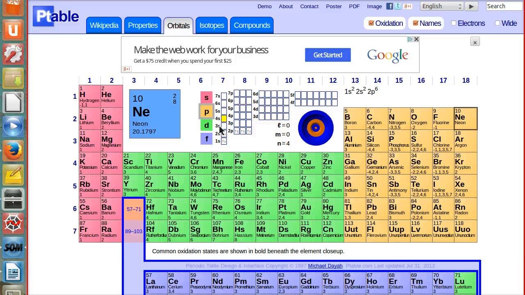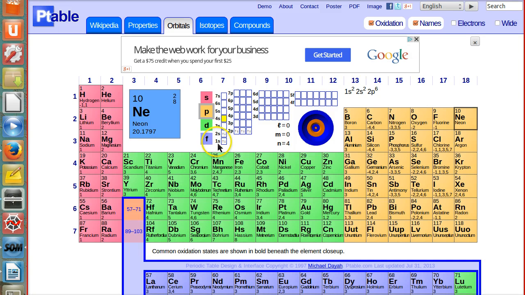What I want to focus on now is the subdivisions of the principal energy levels. It turns out the principal energy levels, 1, 2, 3, 4, 5, 6, 7, are subdivided into what we call sublevels, S, P, D, and F. And the number of subdivisions is equal to the number of the principal energy level.